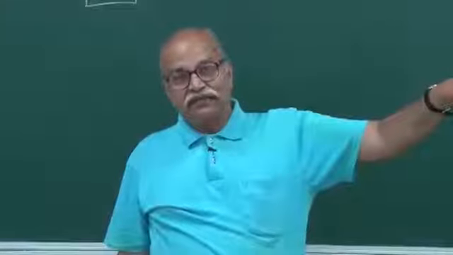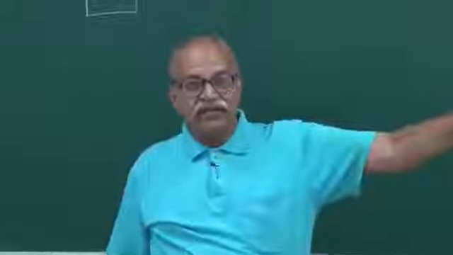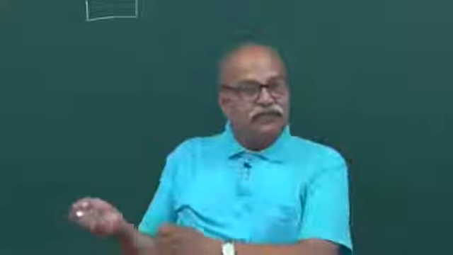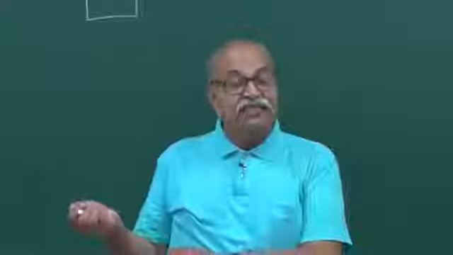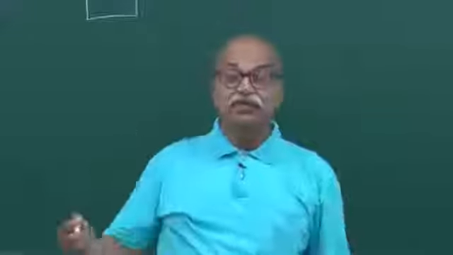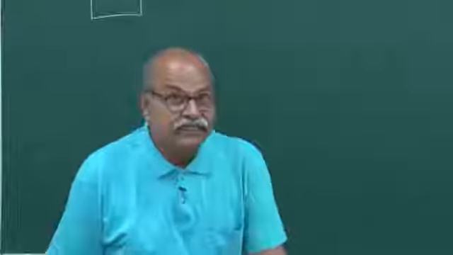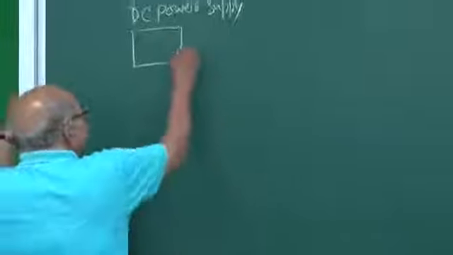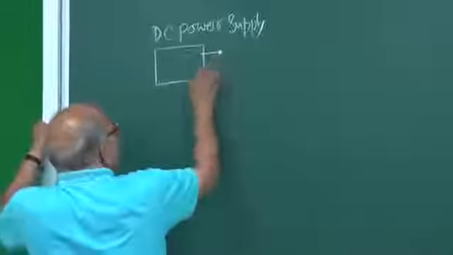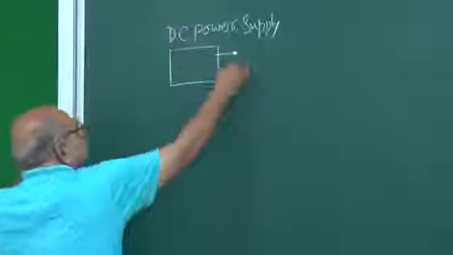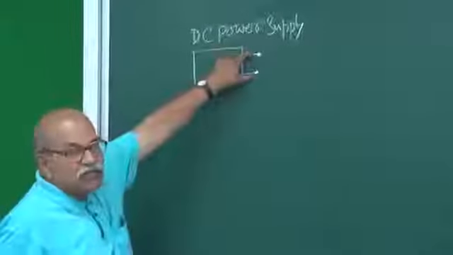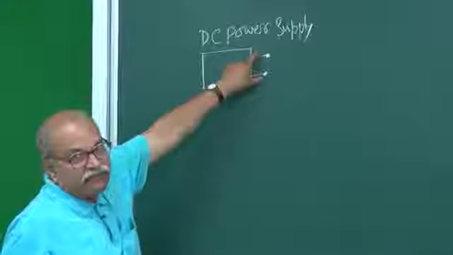We put it in that 220 volt socket, and then on the lead what appears is a DC of some 3.2 volts or whatever that appliance needs. So this DC power supply is supposed to give me a voltage difference that must be fixed as a function of time.